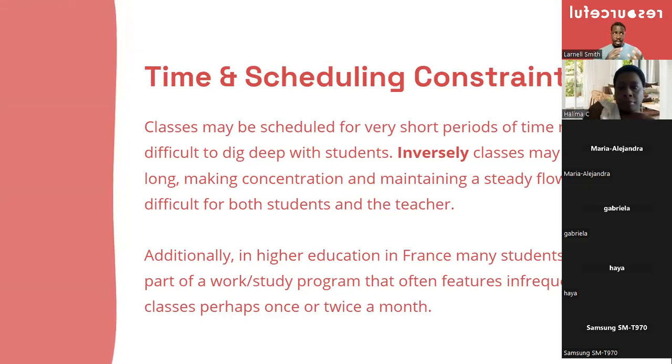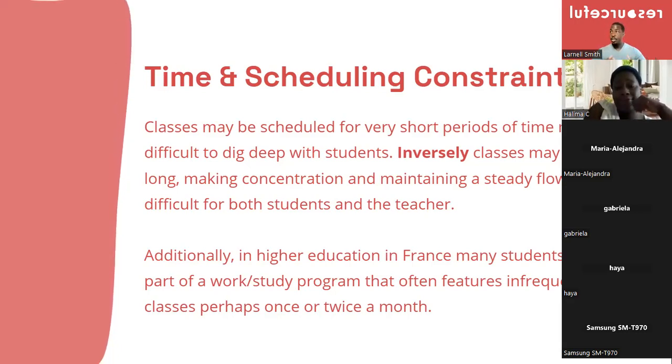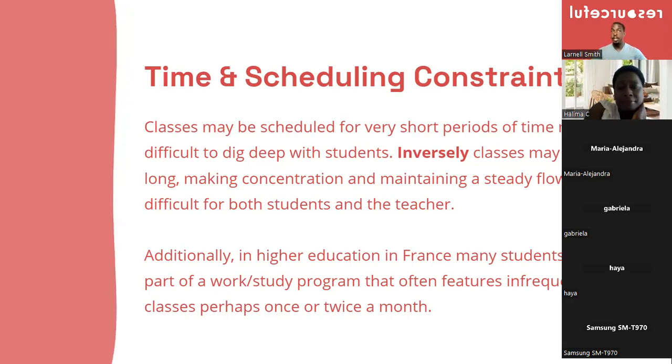Also, specifically in France, if you're working in higher education, you've got alternance, which is a great program. Personally, I think it's great. We should have this all over the world, but it does make it hard for a teacher to have something consistent because you might only see your students once a month. And then you might not see them for 3 months because they're on stage or at work. So it can be a barrier to good engagement because you have to get to know your students all over again when you meet them.